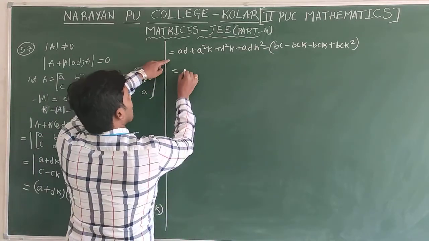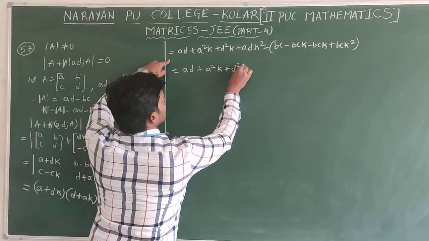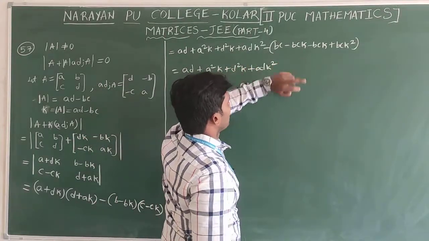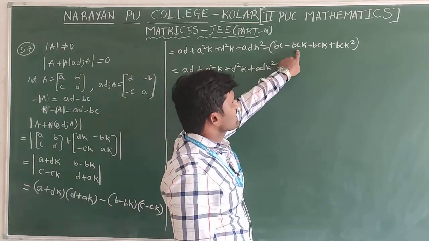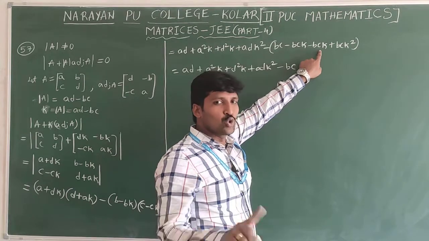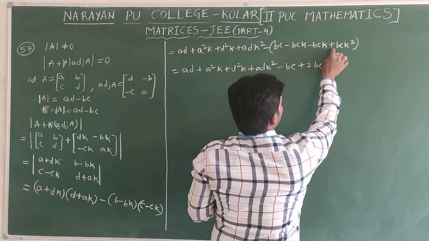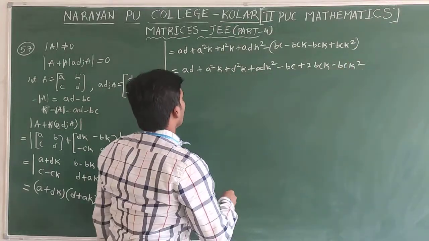Now we have ad plus a square k plus d square k plus ad k square, minus bc, minus bck, minus bck, that is minus 2bck, minus of minus plus 2bck, minus into plus minus bck square.